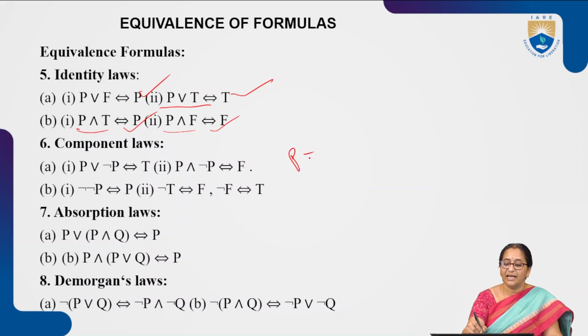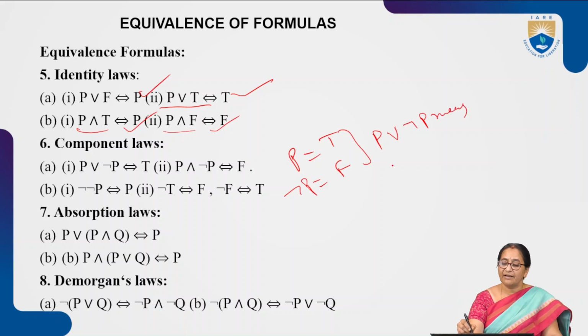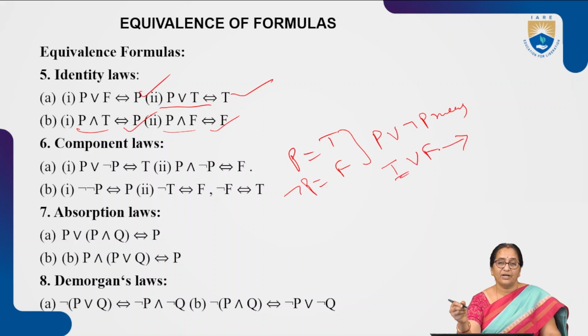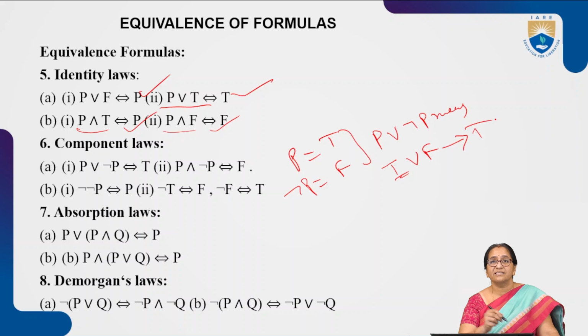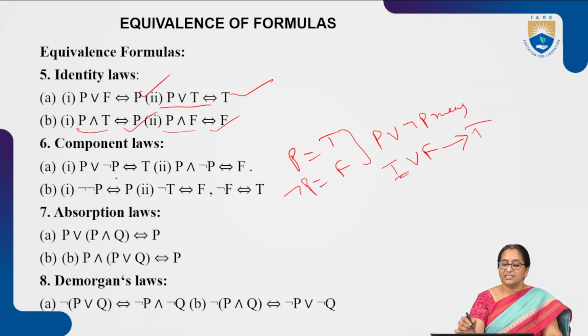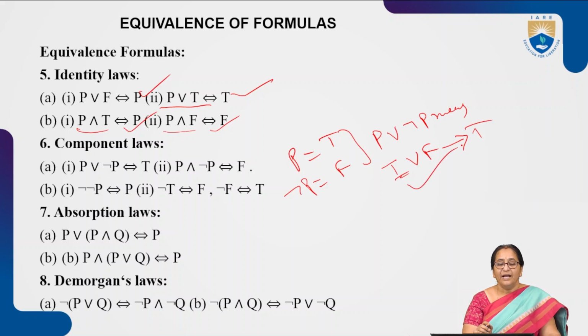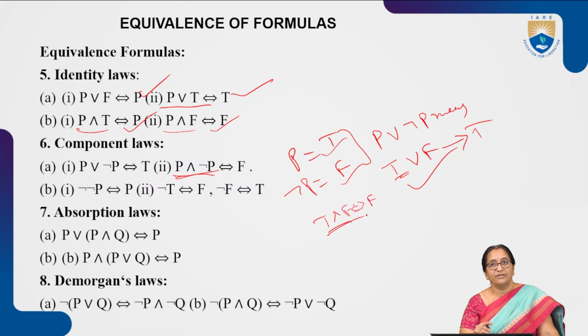Consider P as T and negation P as F. So P or negation P is T or F, and T or F is always T. So P or negation P is T. P and negation P is T and F, which is always equivalent to F, since the AND operation between T and F is false.